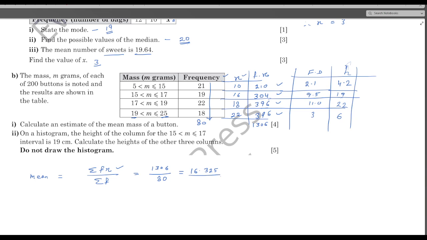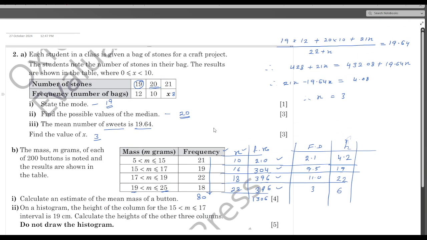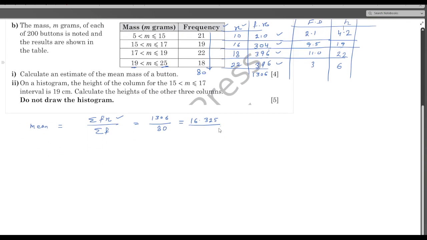In that case, we multiply the frequency density by some number so that the result is an integer or some suitable value which we can easily plot. Again, a good question which covers a lot of concepts.